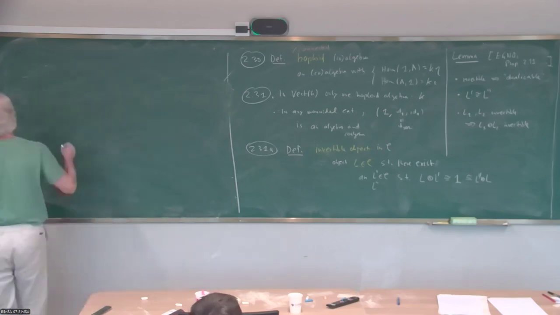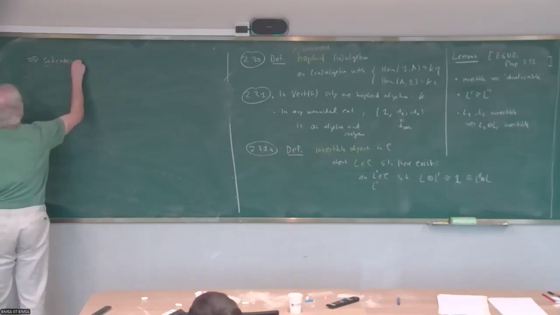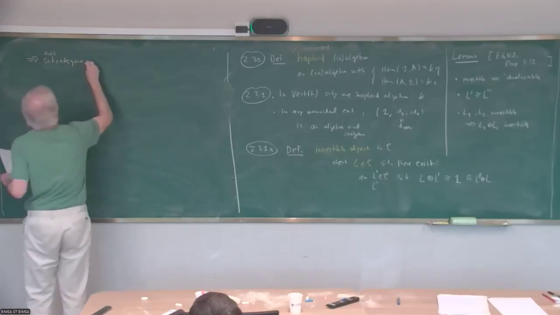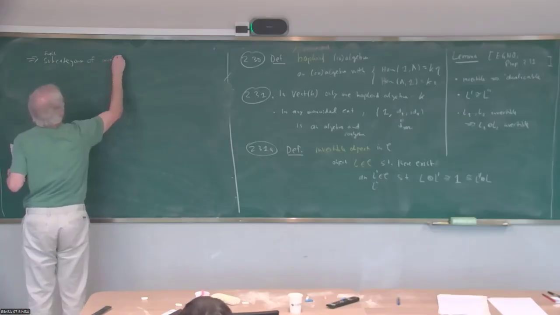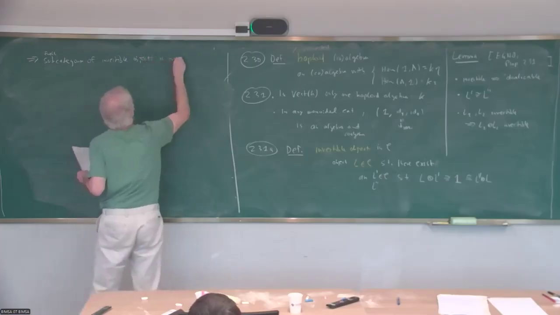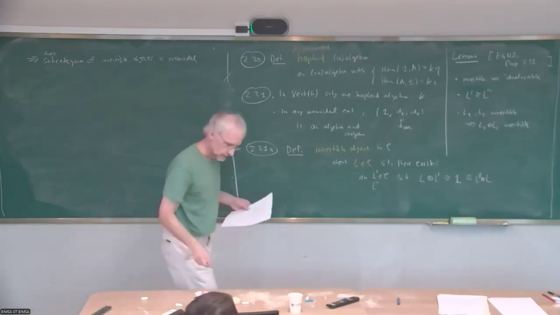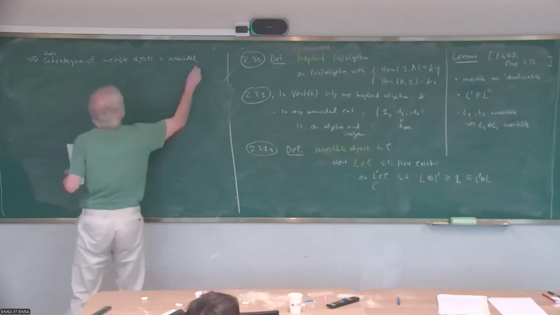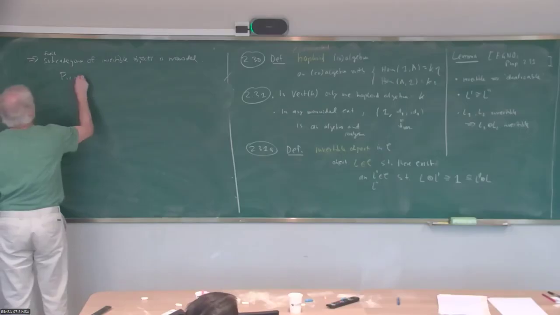So it's a monoidal subcategory, but a full subcategory of invertible objects, with the same tensor product inherited, and this is sometimes called the Picard groupoid.